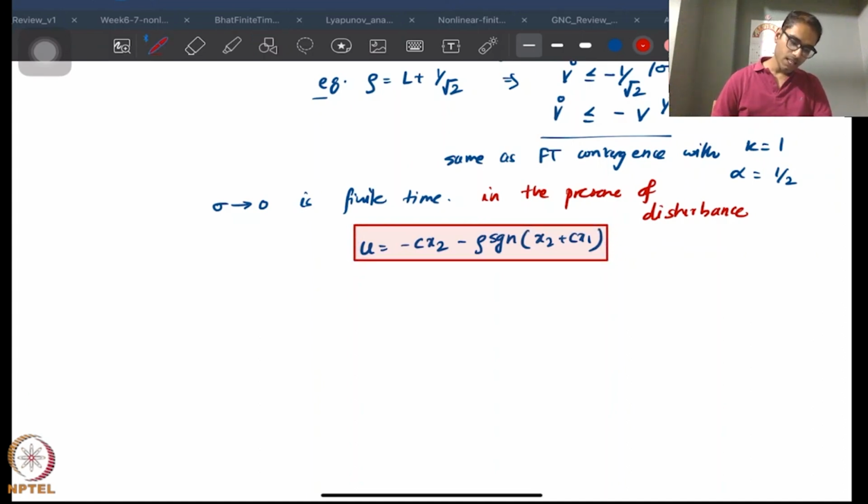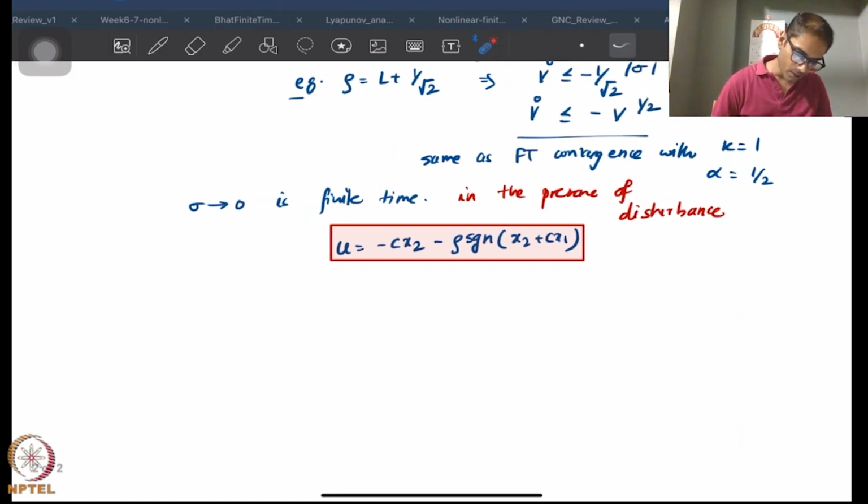And as you can see, the control has switching on this sliding surface. I hope you understand that this control switches on either side of the sliding surface. So how will this work?